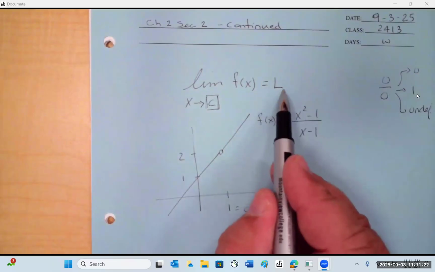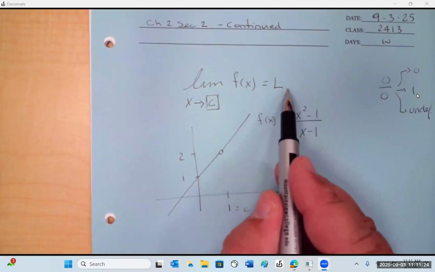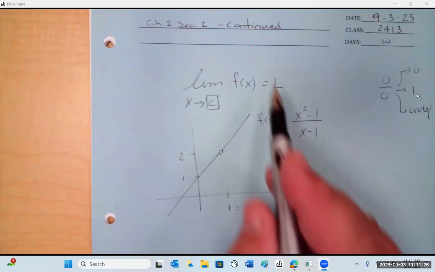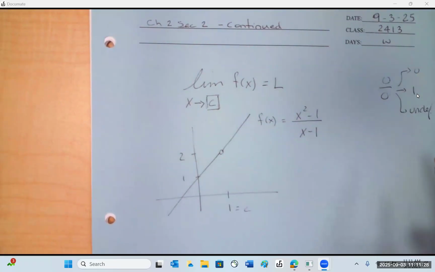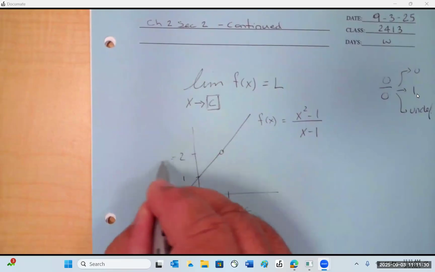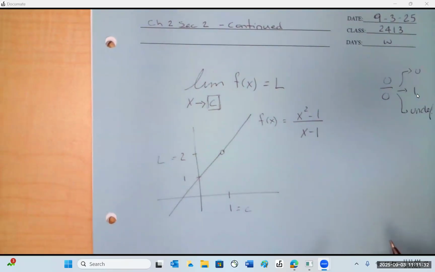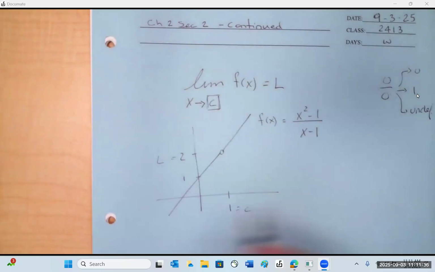What's L? In this example, it's 2. This is your L. X is all the x values you have. Those are your x values. The c value is the point where the trouble occurs. That's how you define these things.